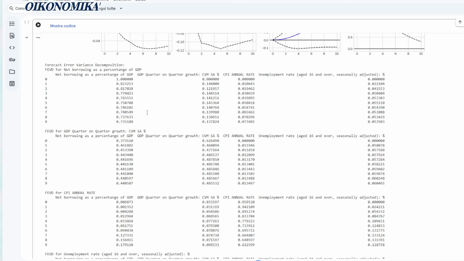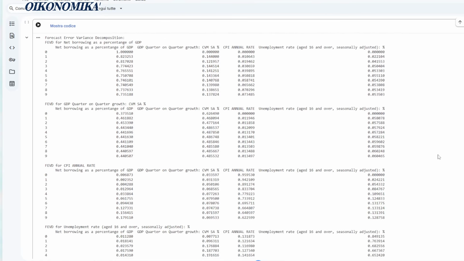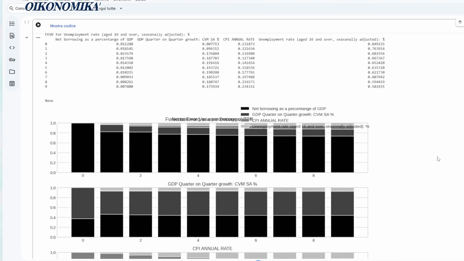GDP explains the lagged effect of net borrowing in the economy by 0.12, 0.14. So it's the composition of the forecast error variance: which components explain the lagged effect and the error volatility in the variable.